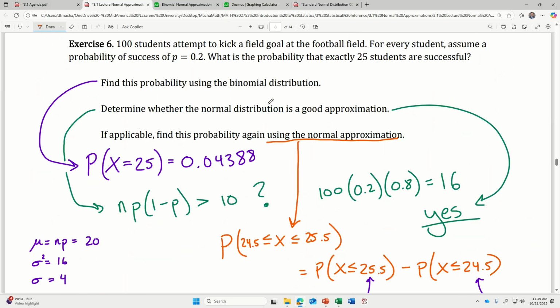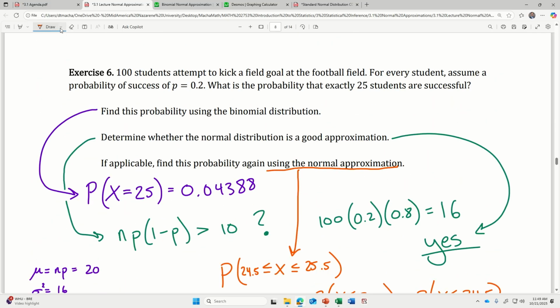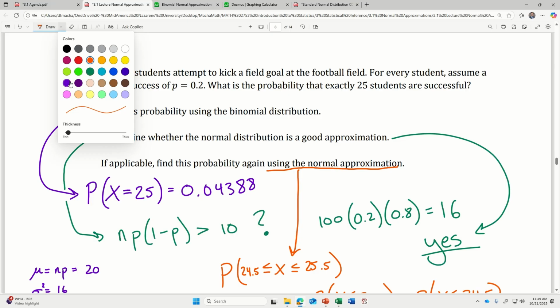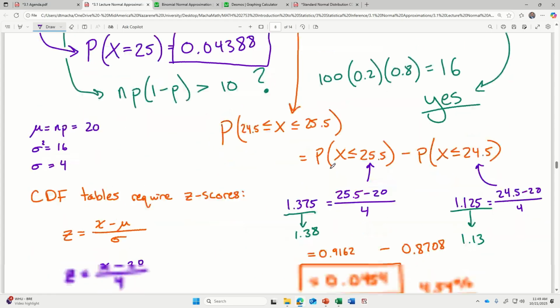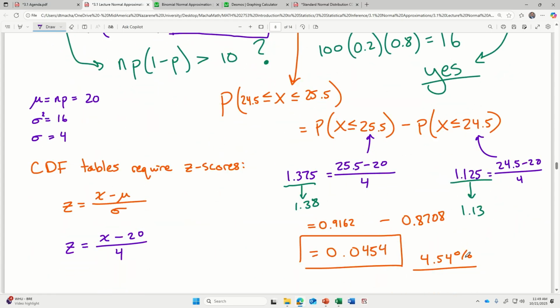So one thing we might be interested in is comparing the two. When I used the exact binomial distribution, my result was 4.388%. When I used the normal approximation, I got 4.54%.